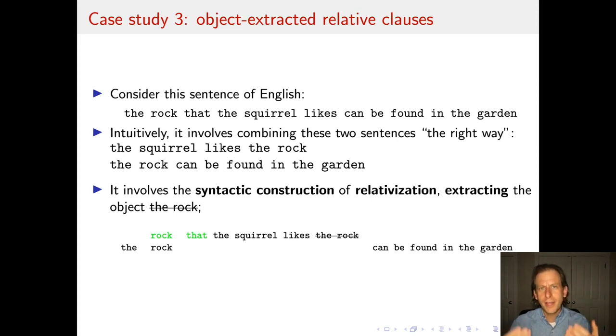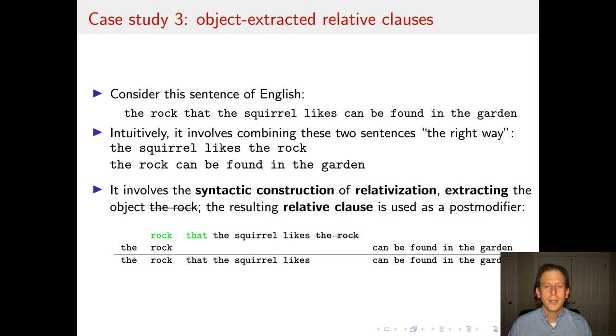And you can see that that then intuitively, in some sense, matches the broader frame. We have a match of rock in the relativization construction and the word rock in the context sentence in which the relativization construction appears. And then if you put the two together, you are using the relative clause as a post modifier of the word rock, of the noun. So we get the overall sentence, the rock that the squirrel likes can be found in the garden.